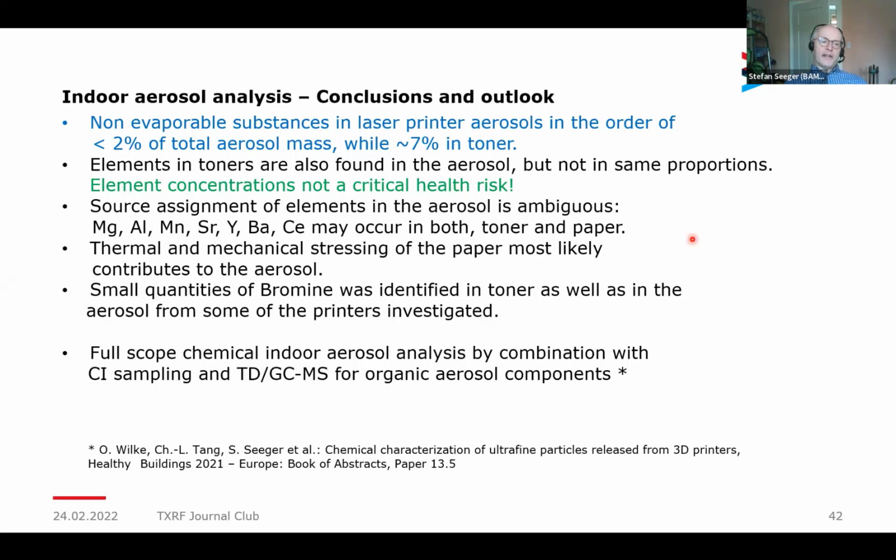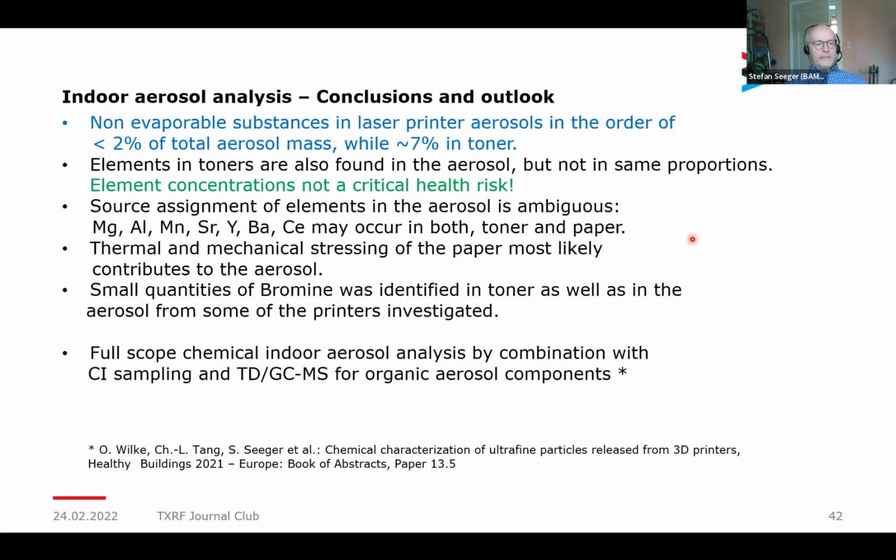So we can say that the thermal and mechanical stress of the paper is definitely contributing to the aerosols. That was a question which was very much controversially debated in the community for a while, because many people just stated, oh, it's only the toner. And other people said, oh, it's only paper dust. And well, it's both, that's for sure.